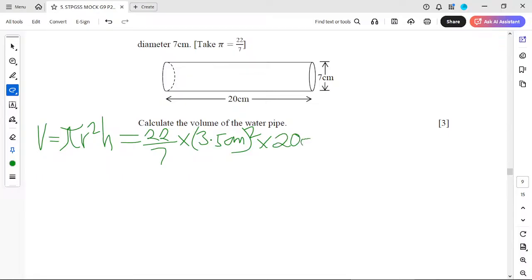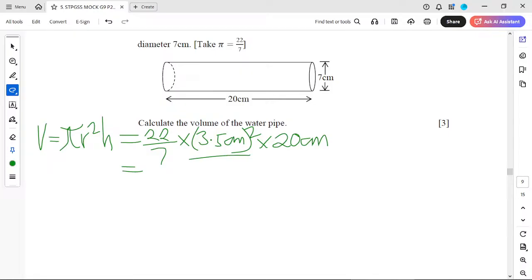Once we've done this, the next thing we're going to do is expand this expression so that we can evaluate with a fraction here.